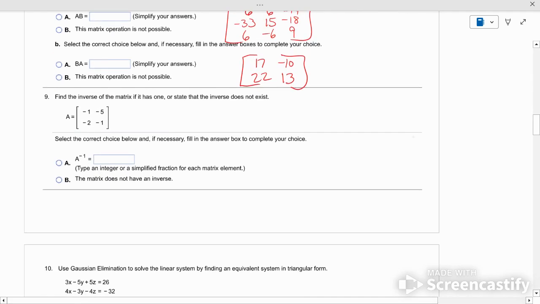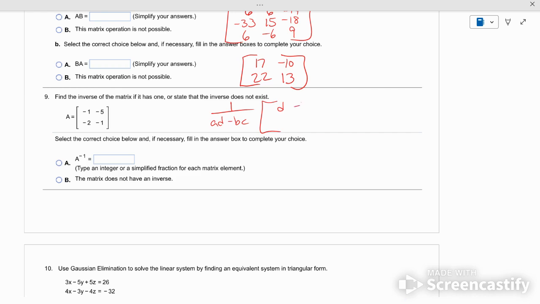Find the inverse. If I were you, what would I use? My graphing calculator. Okay? Because it's 1 over AD minus BC times D, negative B, negative C, A. A times D is 1.